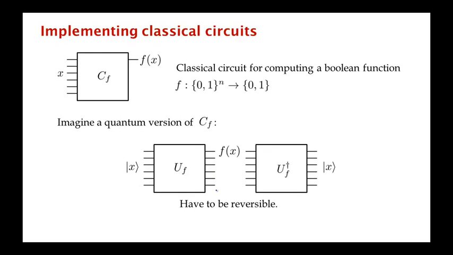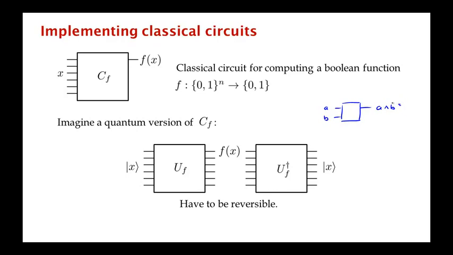But is it always possible to recover the input from the output? Well, think about an AND gate. It takes as input 2 bits A and B, and it outputs the bit A AND B, which is 1 if and only if both the bits are 1.